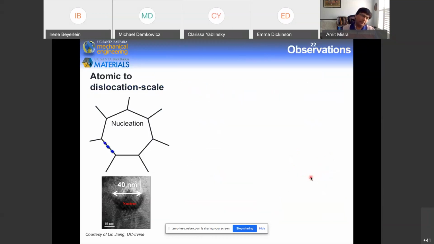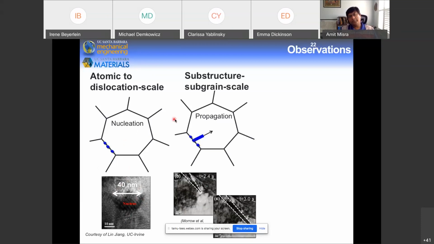Now, just some observations. These are some cartoons, just to give you an idea of what these stages look like in the microscope. As far as nucleation, here I'm showing you a twin embryo. This is about 40 nanometers across. This happened within a crystal. As far as propagation, here are some snapshots.